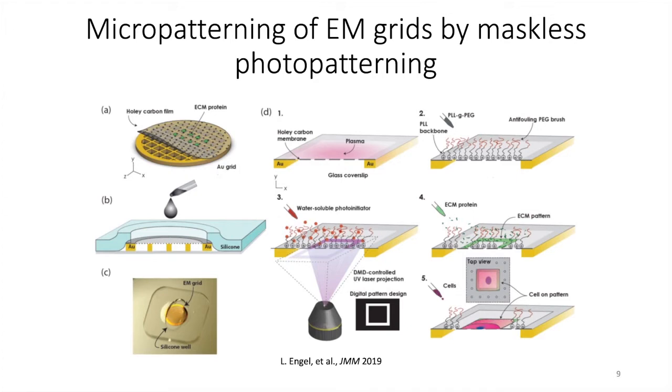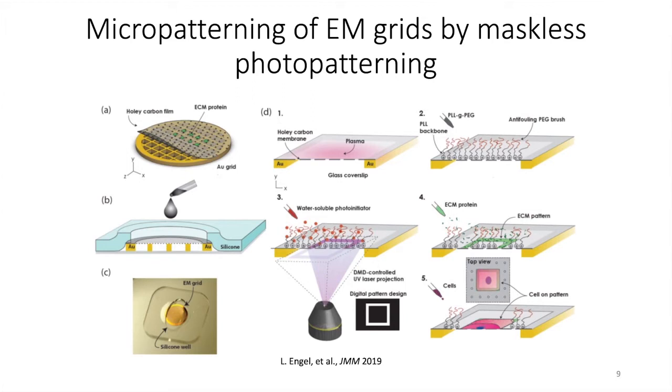The image files that we generated with ImageJ were loaded into the Leonardo software, and the samples were UV exposed at 2,500 millijoules per millimeter squared. With this exposure, micropatterning of each grid required between 30 and 40 minutes. Following exposure, we rinsed the grids and added the ECM protein of our choice, seen in green.